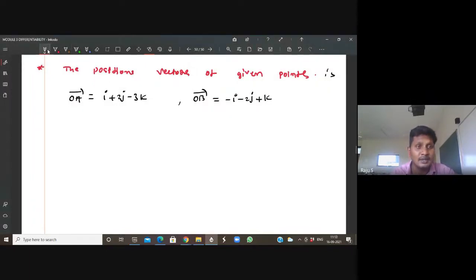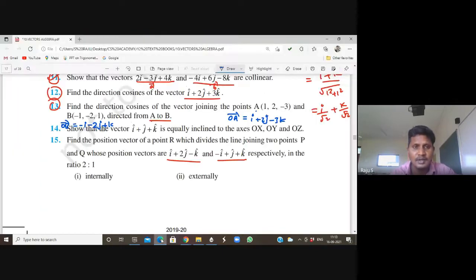But here we have to find the direction cosines of the vector A to B.